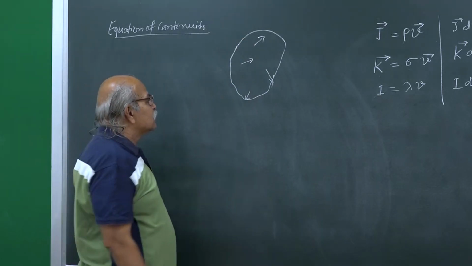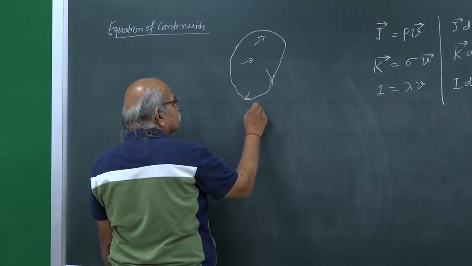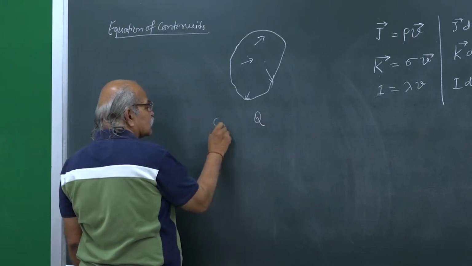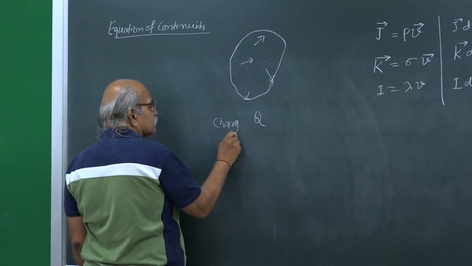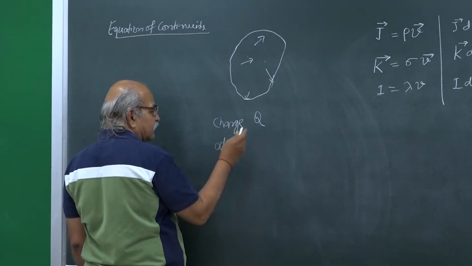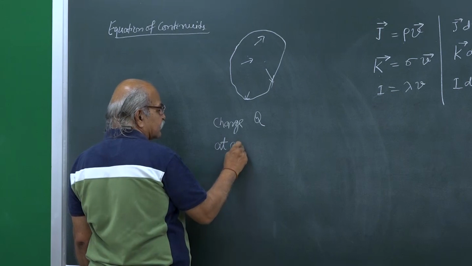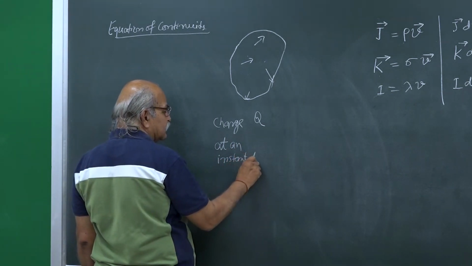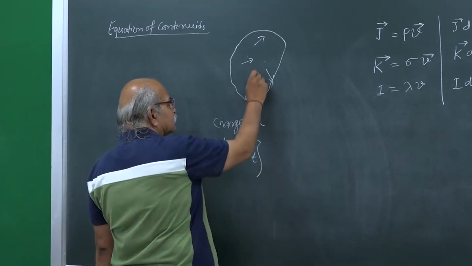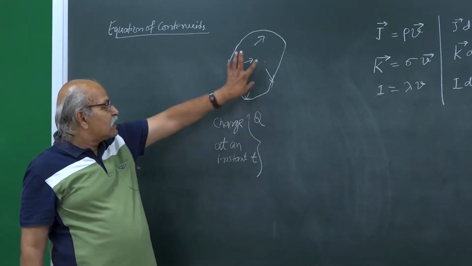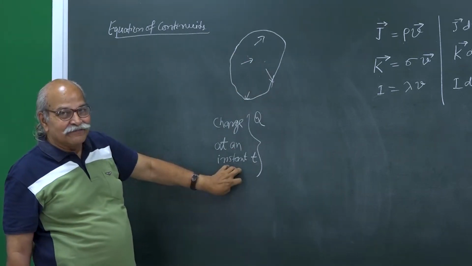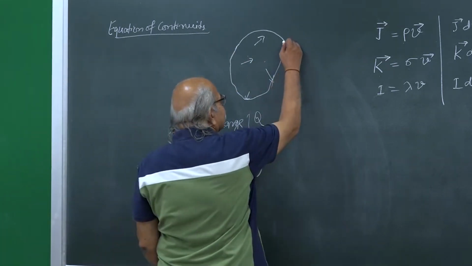So, this is the situation, and then we define charge Q at a certain time t. So, Q is the charge contained in this volume at time t, and then we have currents at different places.